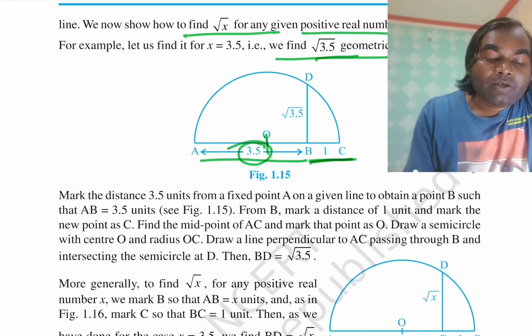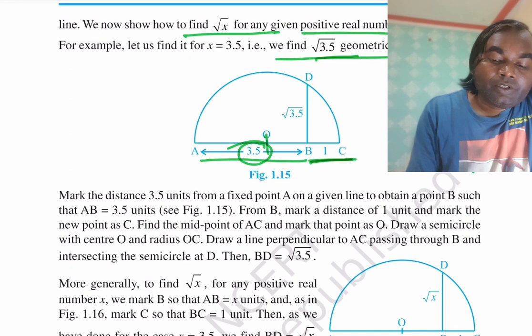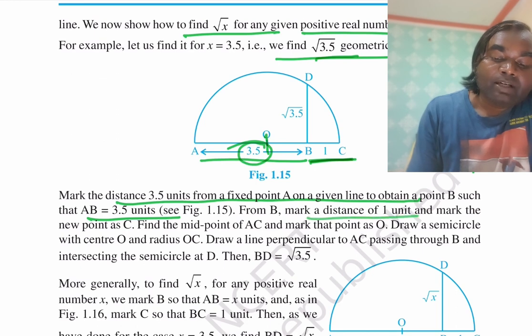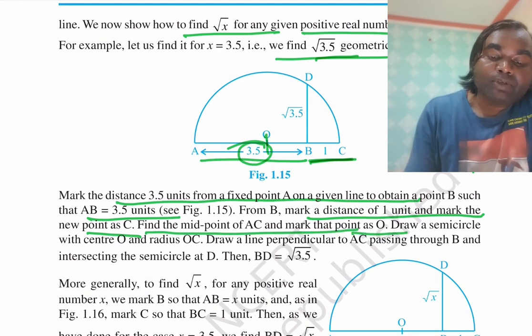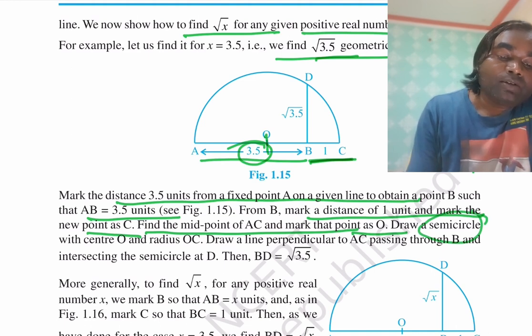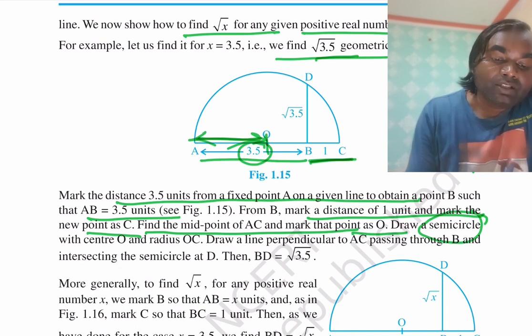Mark the distance of 3.5 units from a fixed point A on a given line to obtain B such that AB is equal to 3.5, and mark a distance of 1 unit, and the new point is C. Find the midpoint O of AC, and taking O as the center we draw a semicircle, with the radius equal to AO or OC.